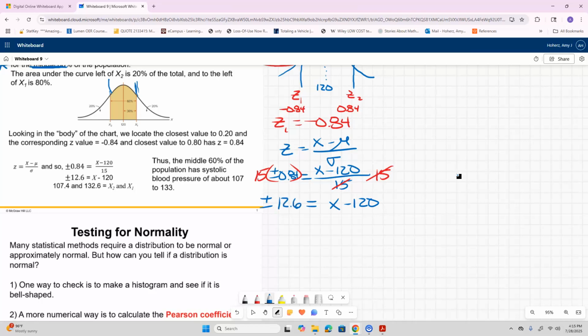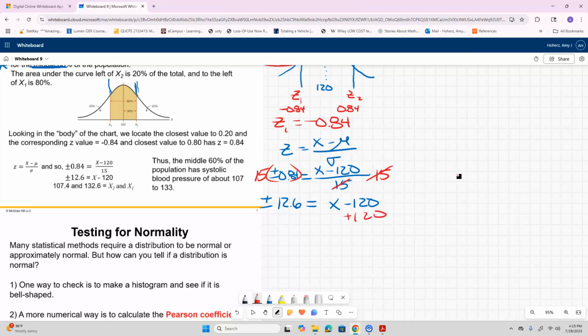We're not taking 15 plus 0.84 or 15 minus 0.84. We're saying 15 times either positive or negative 0.84. I should really say, instead of plus or minus, positive and negative. So we've got positive and negative 12.6 equals x minus 120.